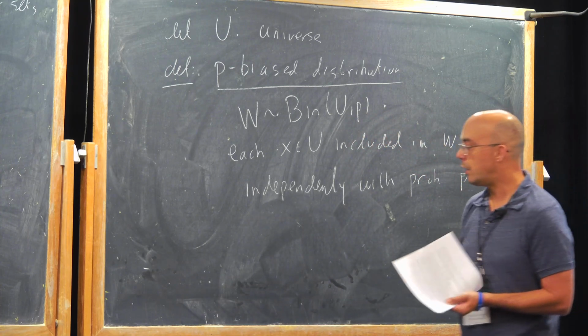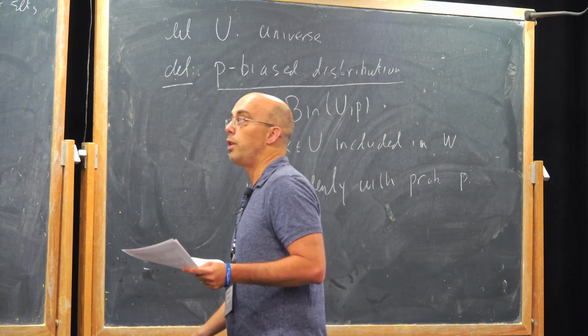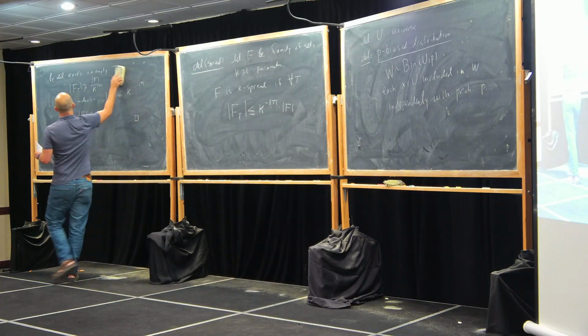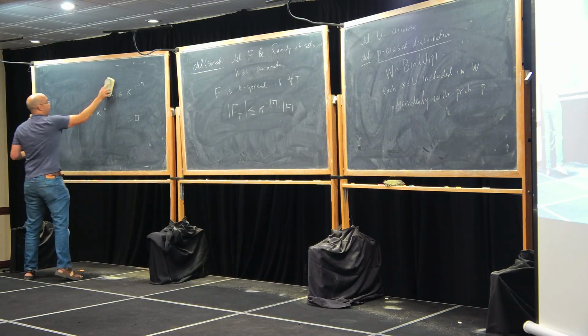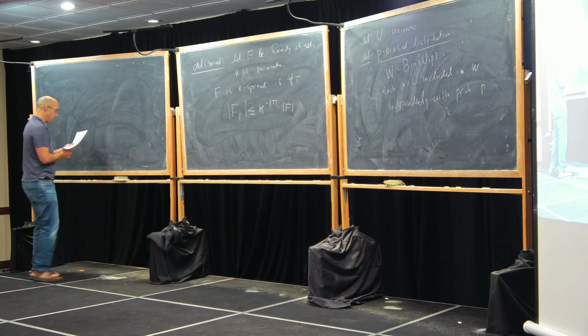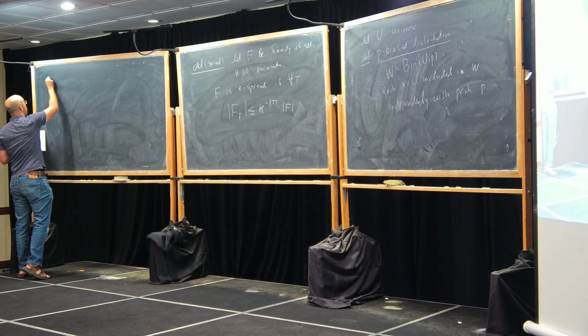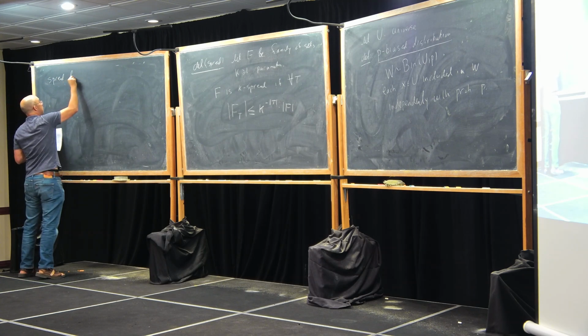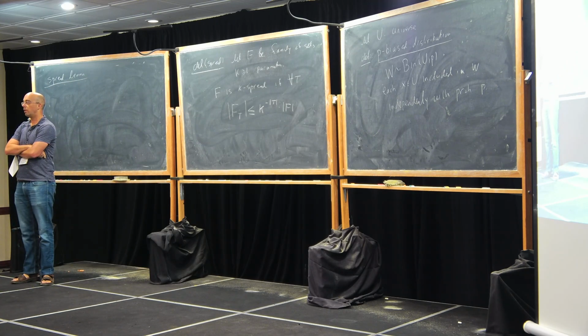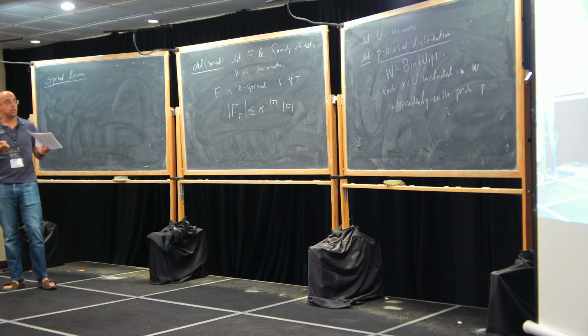Okay. And here's going to be the main tool, allowing us to understand the structure of spread families. Let me just write this here. So this is what's going to be called the spread lemma. Sorry, yes. What is the definition? It's just the definition of binomial? It's a distribution. Yeah, it's called the p-bias distribution.